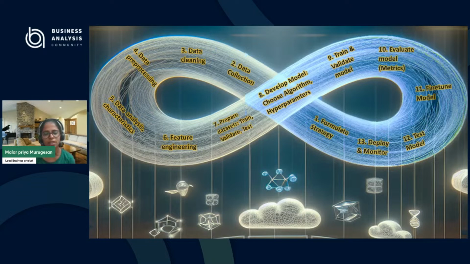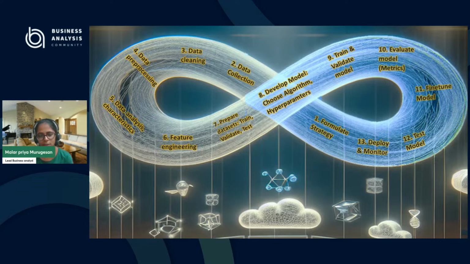Then data cleaning, data pre-processing, and also we will try to understand the data characteristics, its relationships, its differentiators, so that we can feed our model with proper parameters, right? Then we'll do feature engineering as well to understand the feature extraction, and then we'll prepare data sets. With this normalized processed data, we will prepare data sets. Usually we follow the 80-20 rule for train data and validation data.